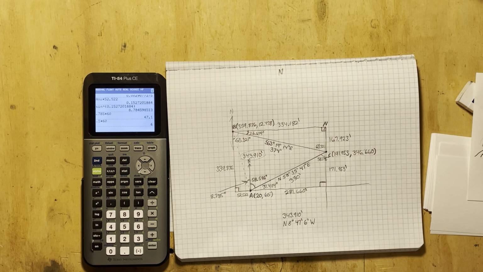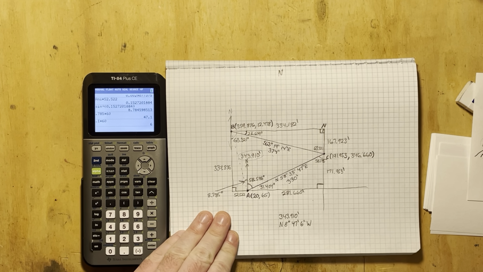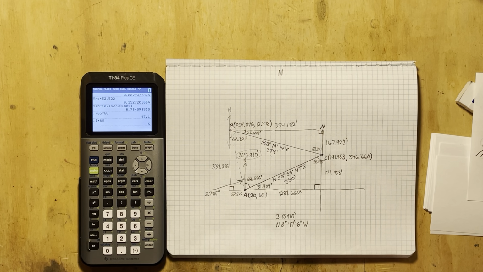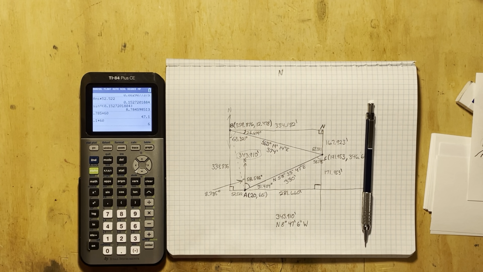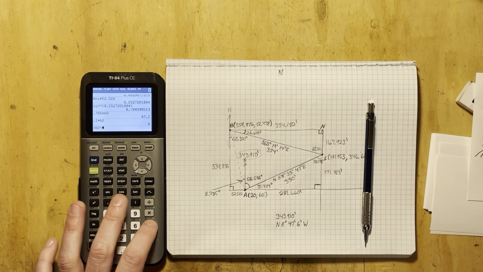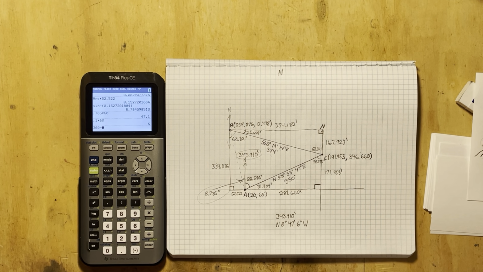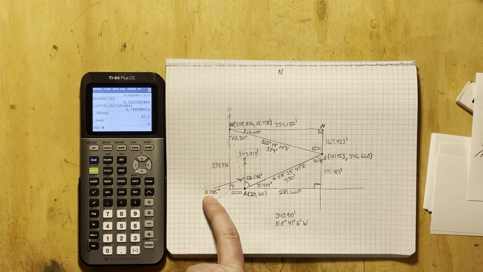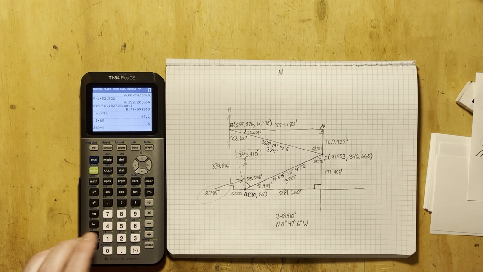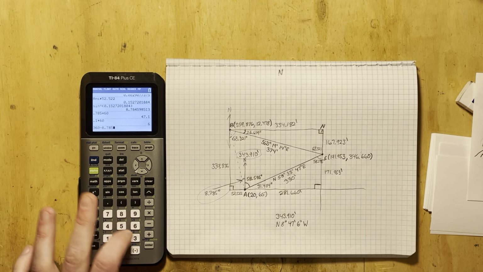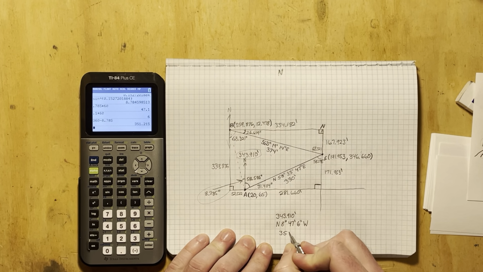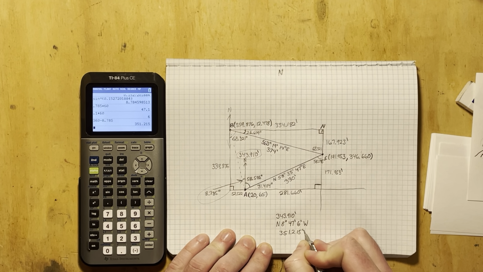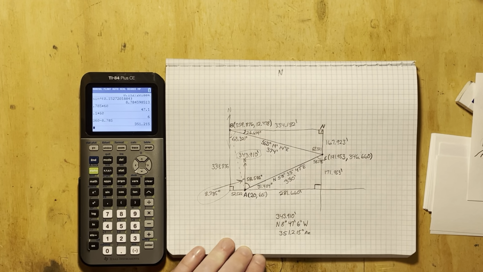Now, let's say I want the azimuth also. Azimuth and bearing are pretty simple. I'm going to do it real quick, but in this instance, it's just going to be 360 minus that 8.785 is 351.215 degrees azimuth.